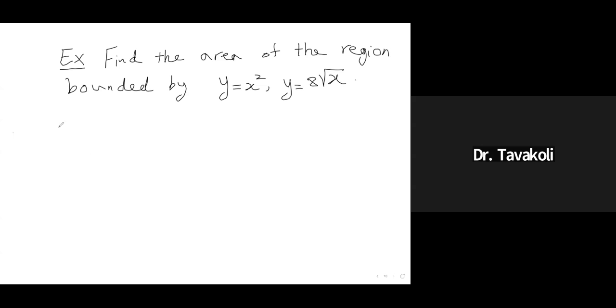Okay. For the points of intersection, we set these two functions equal to each other and solve the equation. Do you remember from basic algebra how we did these kinds of equations?